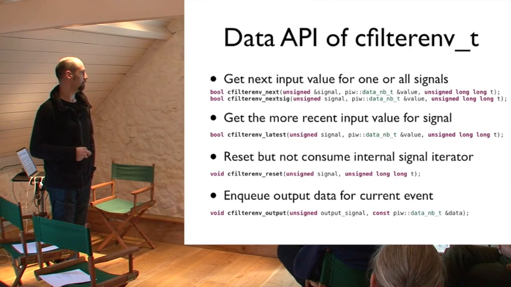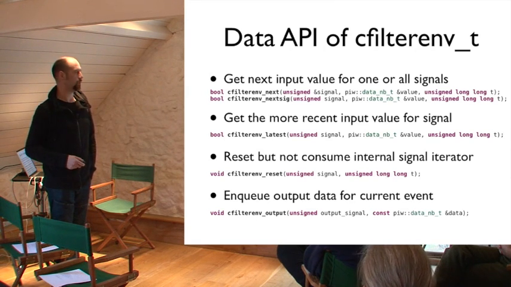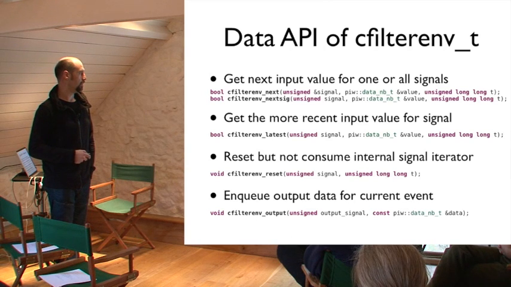Something that happens a lot is just getting the latest value that is in the buffer at that time. So again, you pass in the time here, and you will see this in the examples later. It is the timestamp that is attached to the event ID that's being passed in, and then you get the latest value for that particular signal.